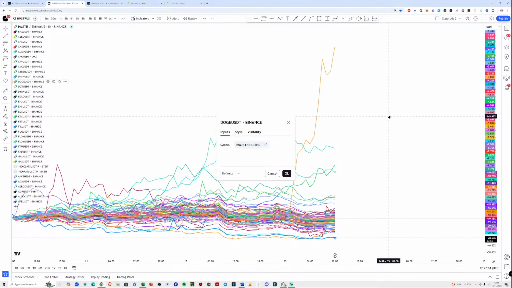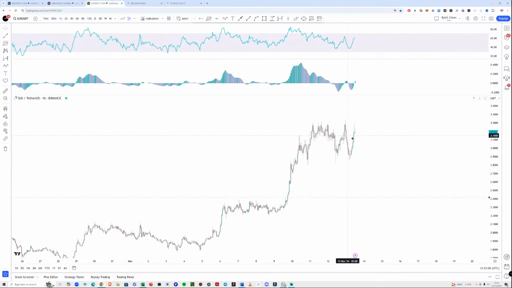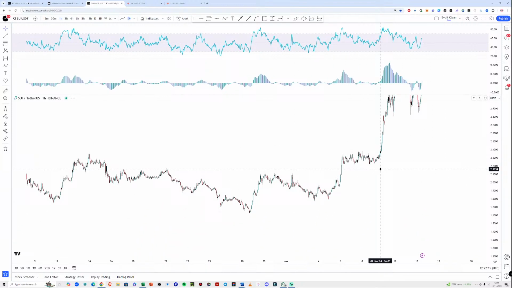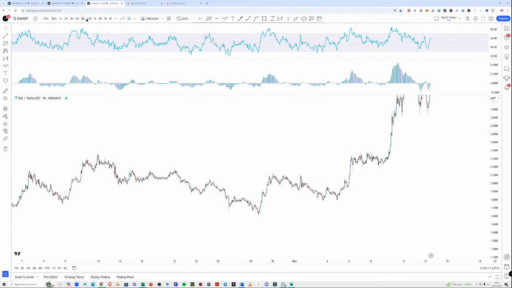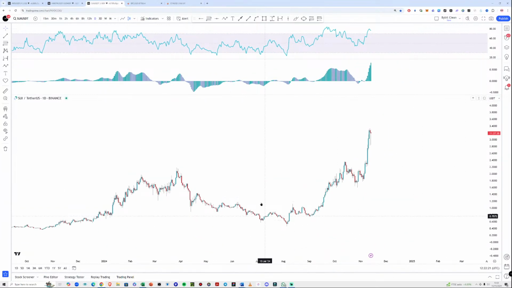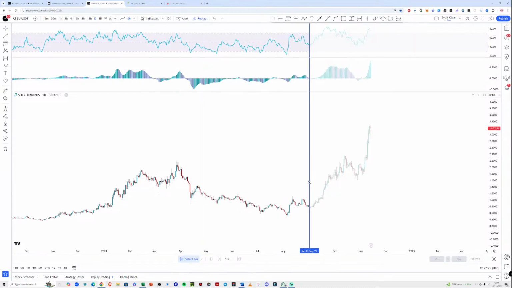Was Sui. Anyway, hourly, right? Just to get rid of this alert. It's not necessary anymore. So hourly. Firstly, actually, let's go to the daily. Replay. Back to here.